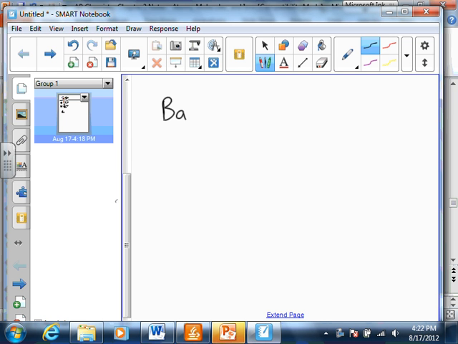Hopefully you remember how to find the number of valence electrons that something has. If barium has 2 valence electrons, the easiest thing for it to do to form an ion is to lose 2 electrons. If it loses 2 electrons, it's going to become positively charged because the electrons are negative. So barium's going to be a 2+.